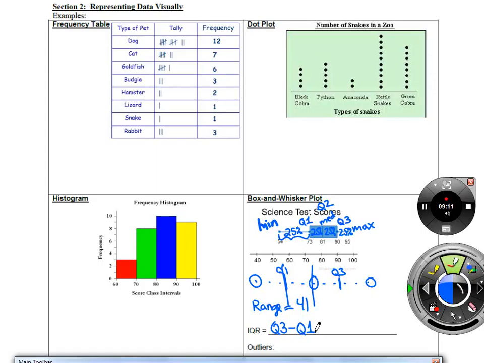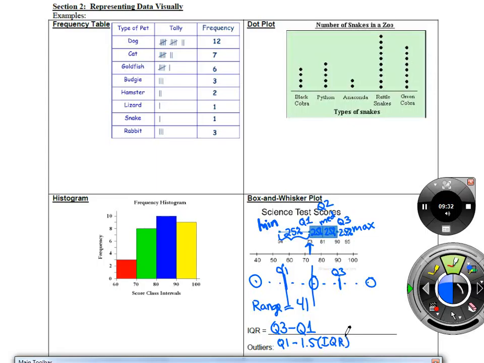So sometimes people use this calculation to calculate outliers. To check if something's too small for the data, they do this calculation. If I do Q1, so that's this marker right here, and I subtract 1.5 times the IQR.